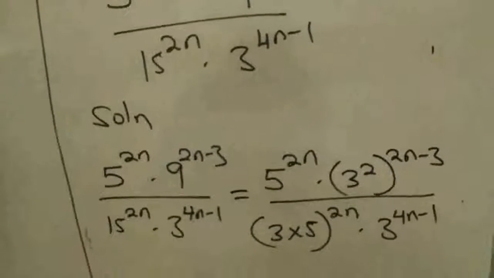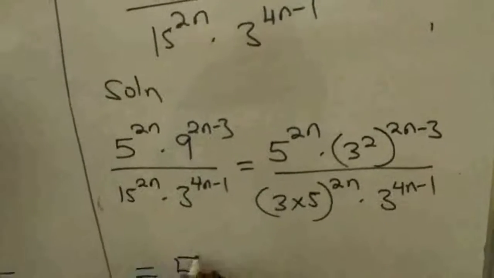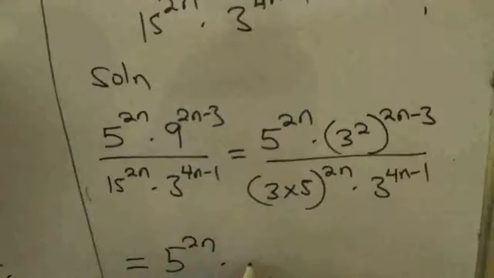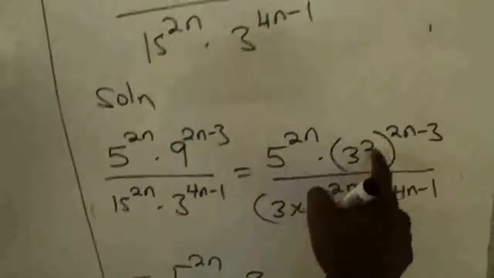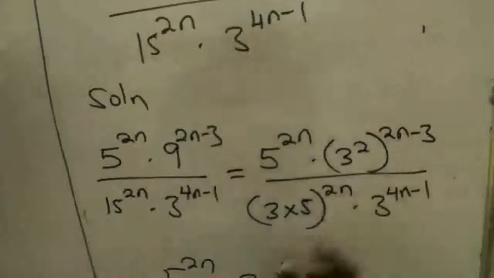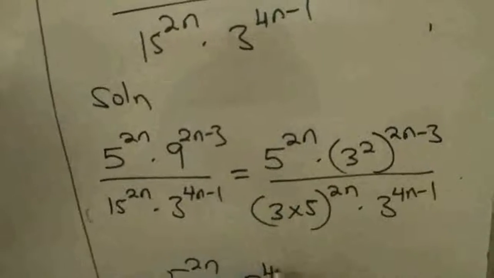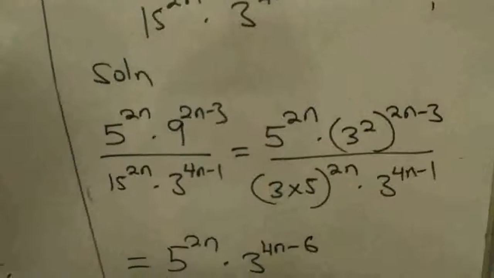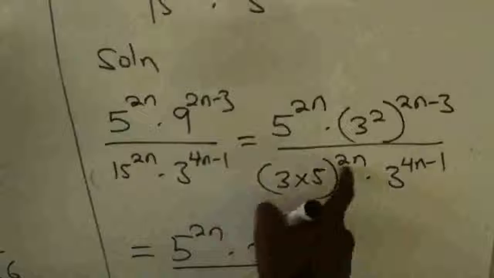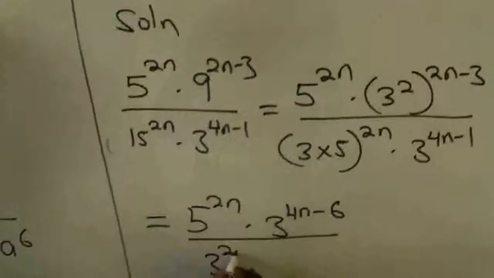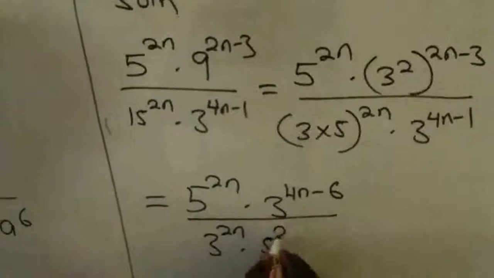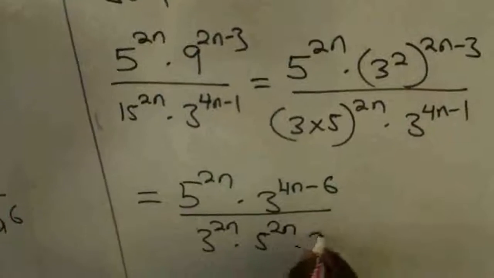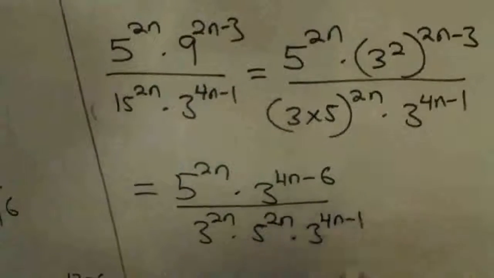So that translates to 5 power 2n times 3, and 2 times 2n minus 3 gives us 4n minus 6, divided by 3 power 2n times 5 power 2n multiplied by 3 power 4n minus 1.